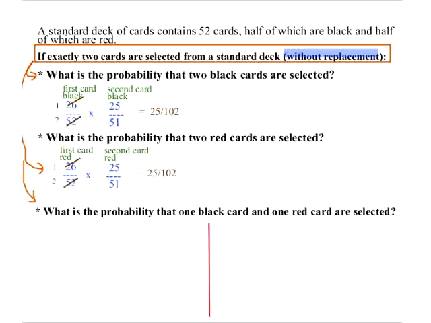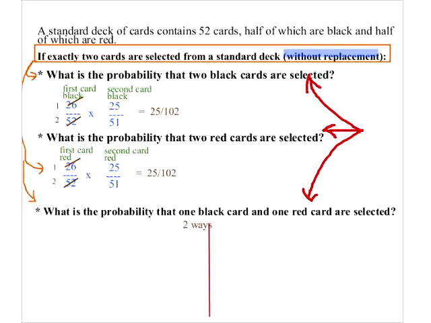The first way we can do this is to realize that among these 3 options, we've got all possibilities.